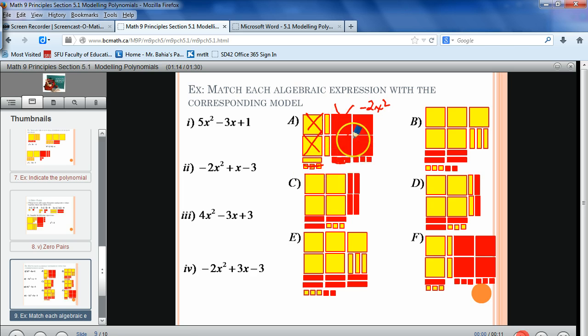And so what are we left with? Well, we got the negative 2x squared. We got 3 positive x's. And we're left with 3 negatives, minus 3. Which one of those is that one there? Negative 2x squared plus 3x minus 3. That one is A.